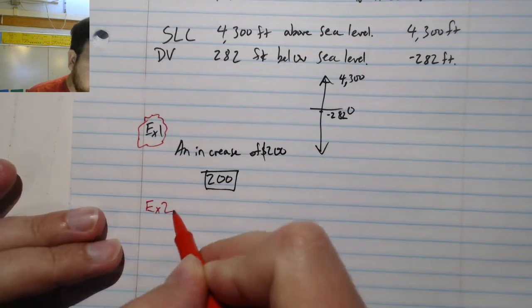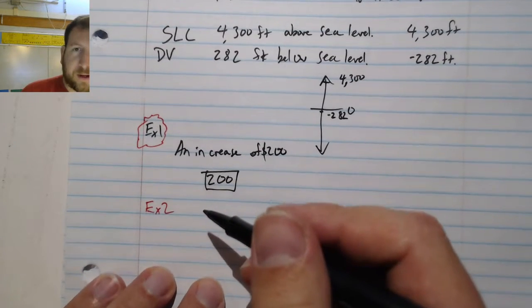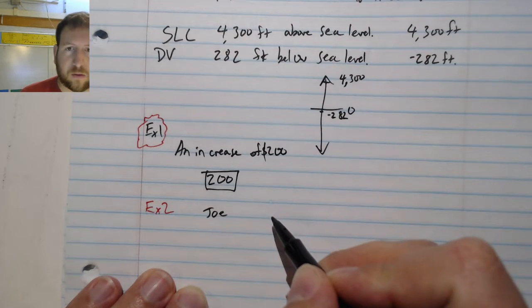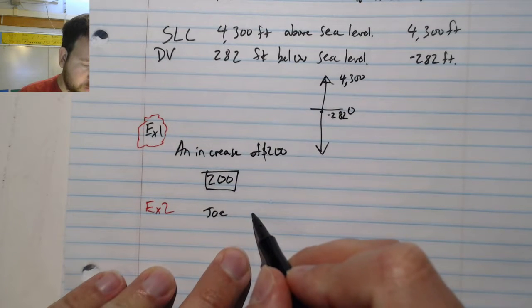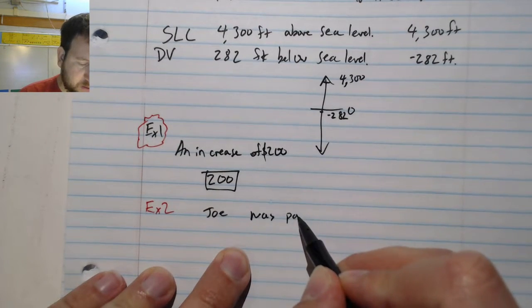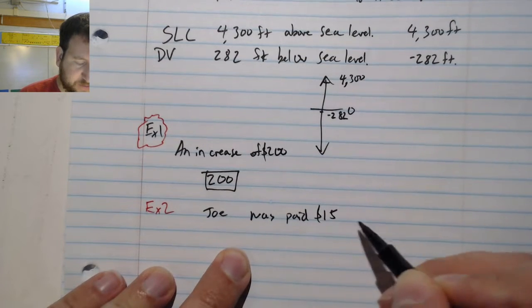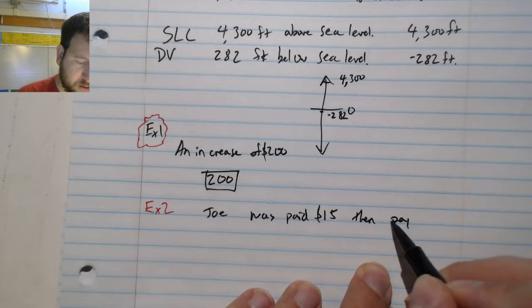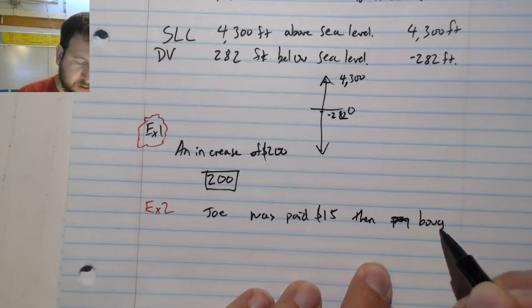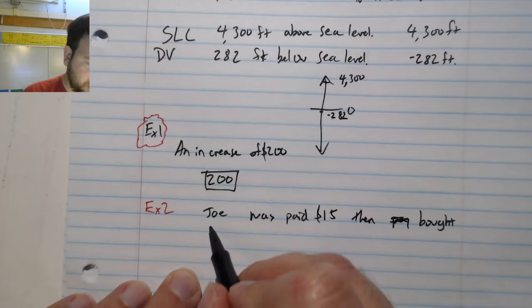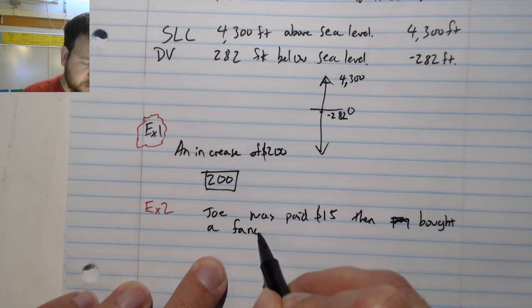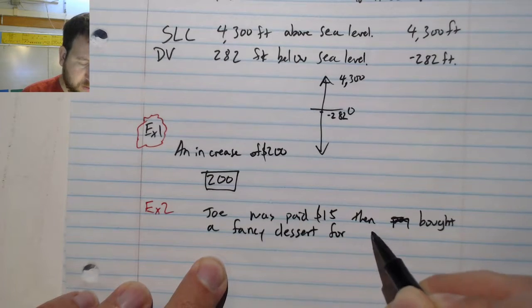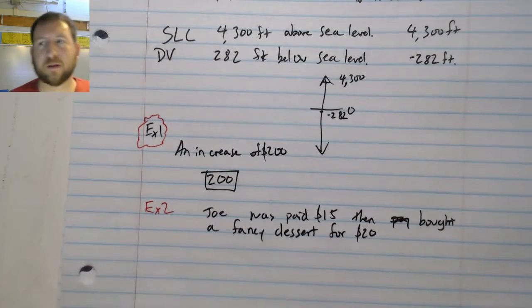Let's look at Joe was paid $15, then bought a fancy dessert for $20.